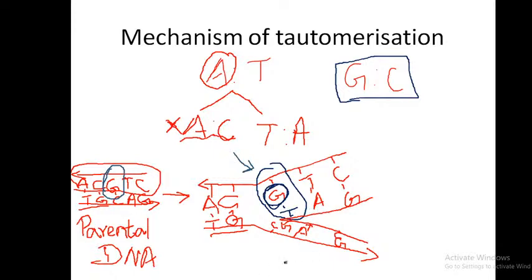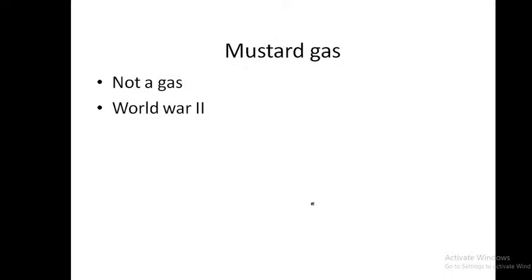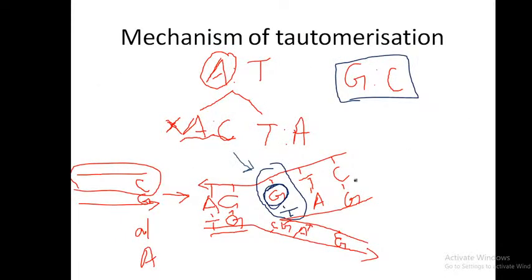In the next step, hope it is clear. In the next step, what is happening? From these two strands, you can see here only one strand is affected. So from this strand, what is happening? This part we are writing, this strand. This is after replication.